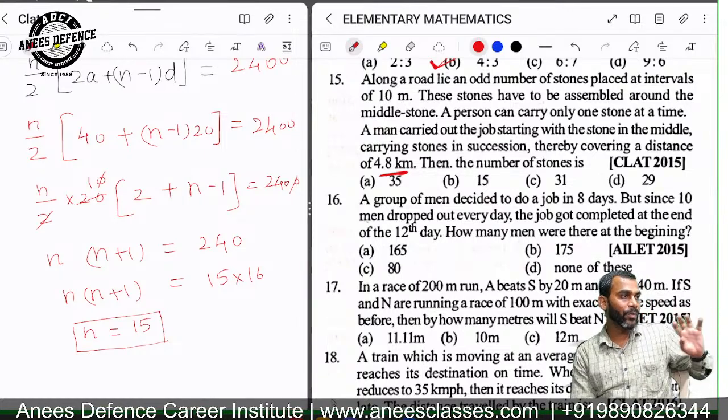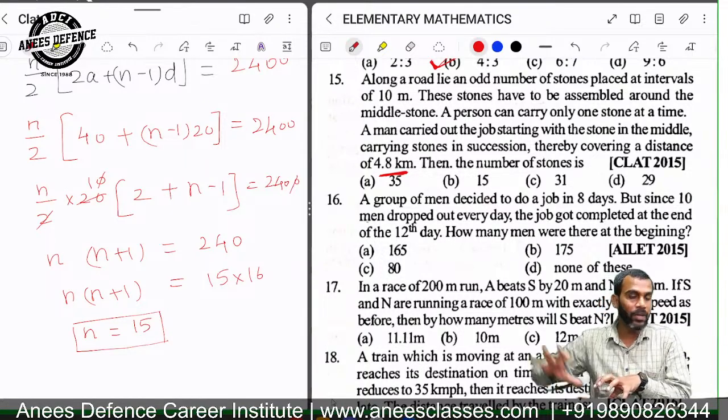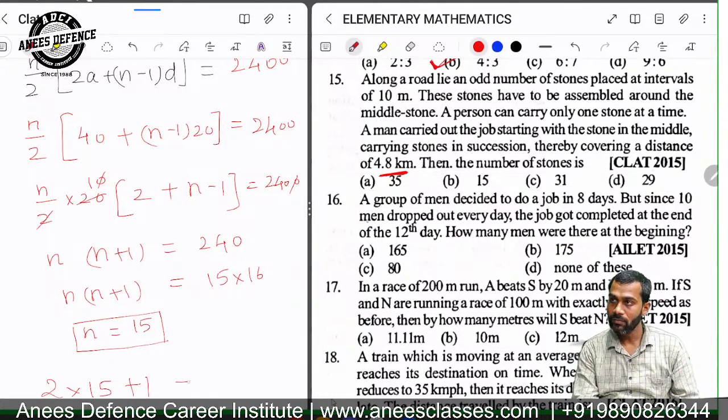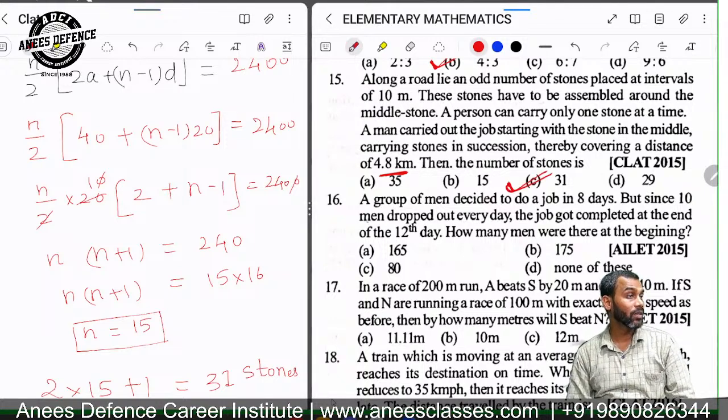So 15 stones are there on the left hand side of the middle stone, and 15 on the right hand side. So total stones would be 2 into 15 plus 1, that is 31 stones. So which option is correct? C. I hope it is clear.